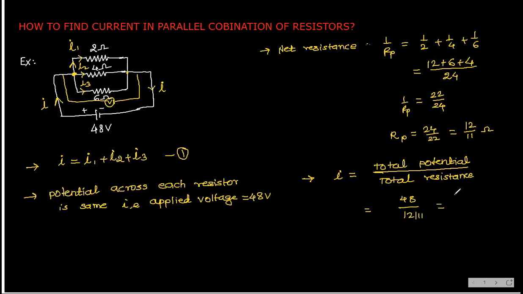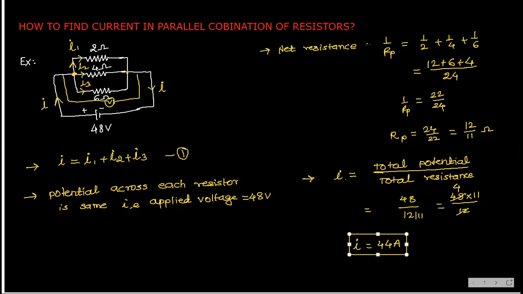So this 11 is going up, so this is 48 into 11 divided by 12, which is 44 amperes. Therefore you are getting total current as 44 ampere. Understood. Total current we have found out.